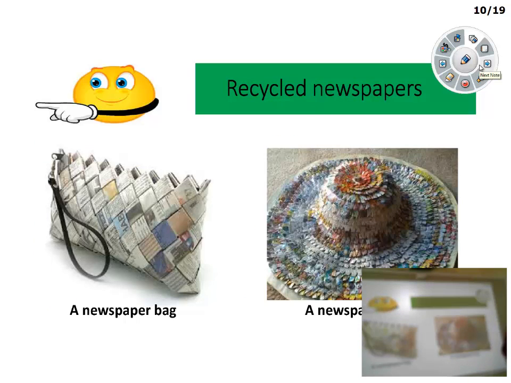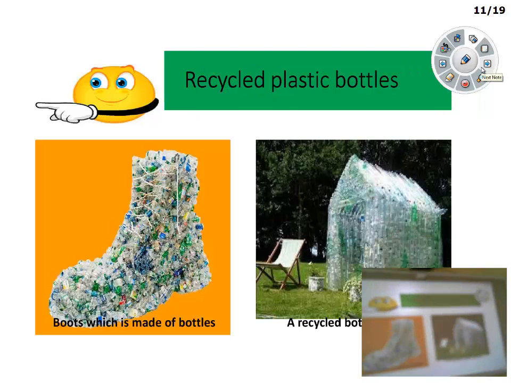And please look again. This is the newspaper handbag, and this is also a newspaper hat. These are boots, which are made of plastic bottles, and this is also a house which is made of the old bottles.